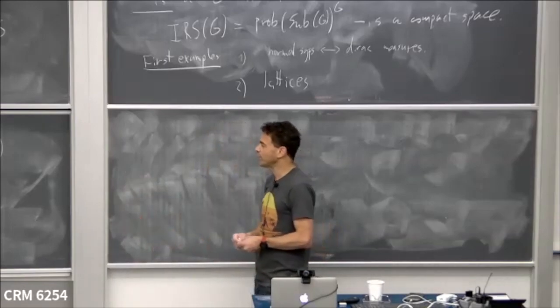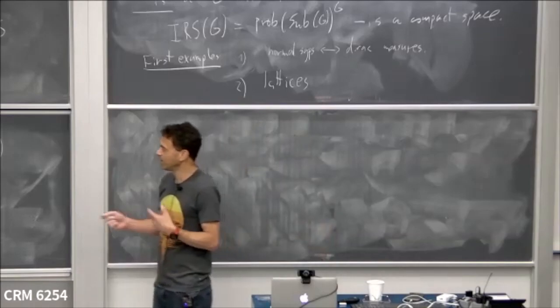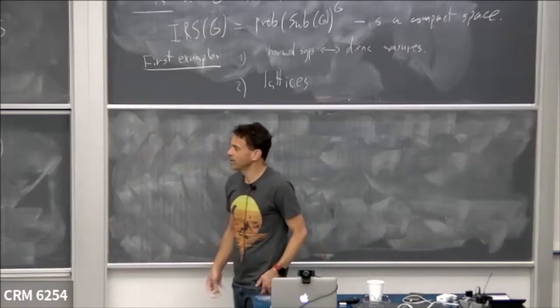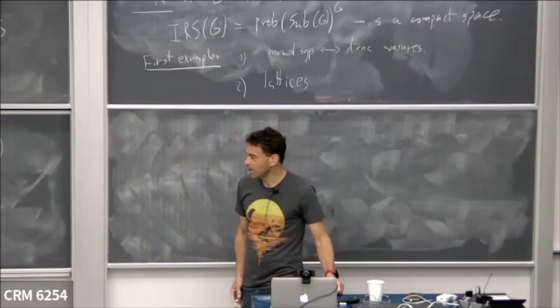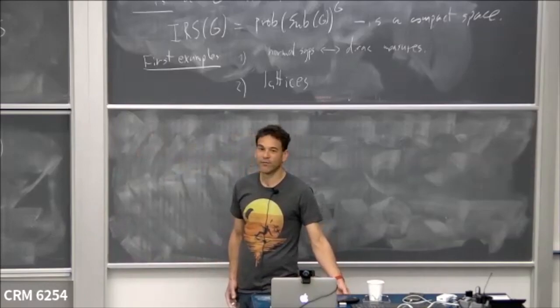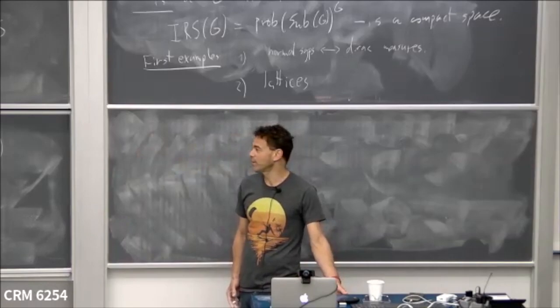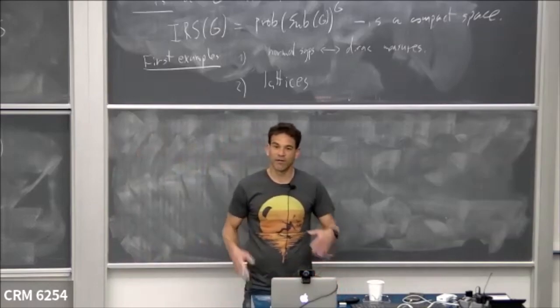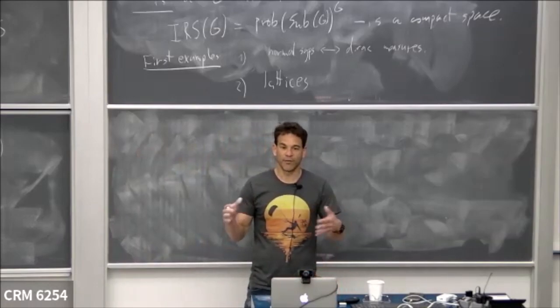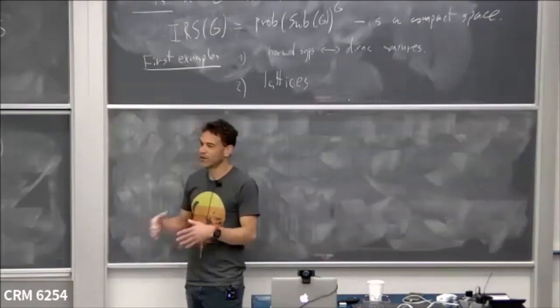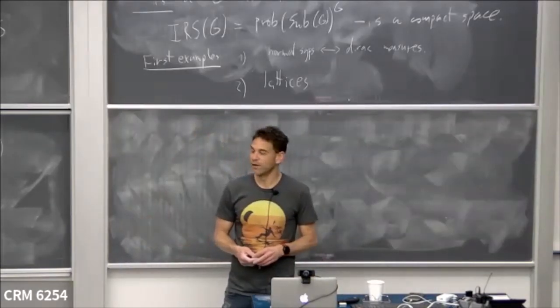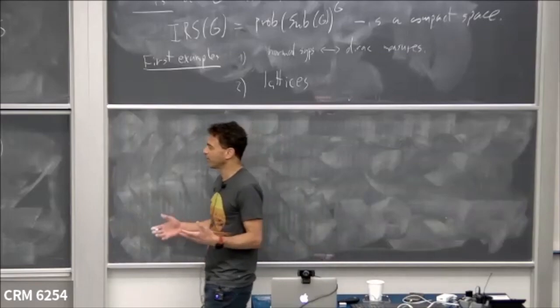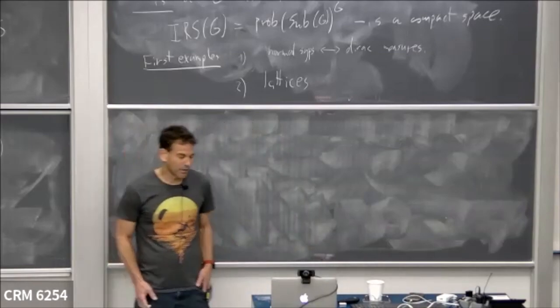There are a lot of results in this direction. One of them, the algebraic one, is the Borel density theorem. If you have a simple Lie group G and gamma is a lattice in G, then gamma is Zariski dense. Any polynomial equation that is satisfied on gamma must be satisfied on G. So in some sense, that's similarity in an algebraic sense.